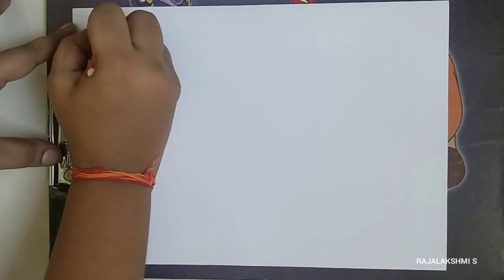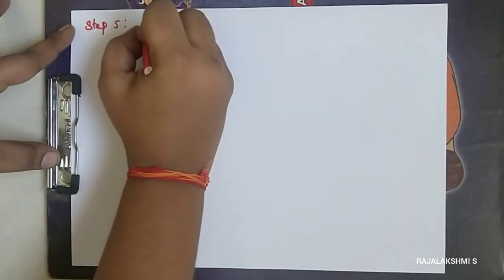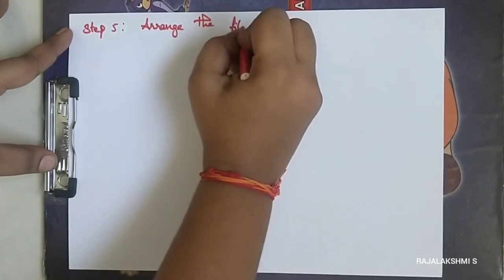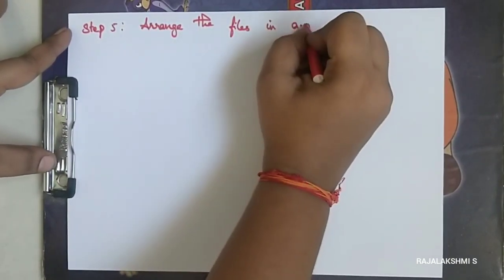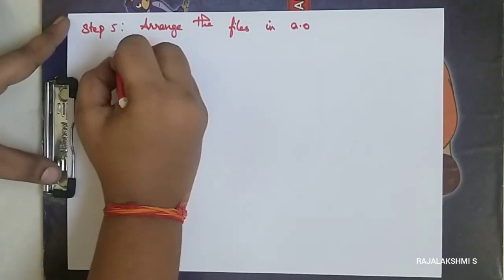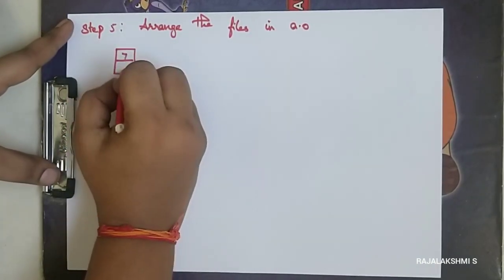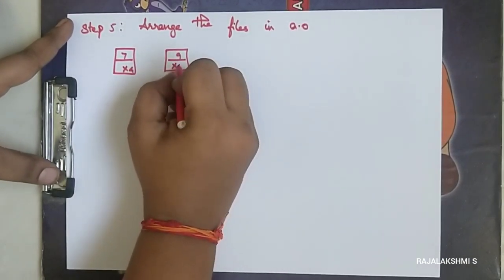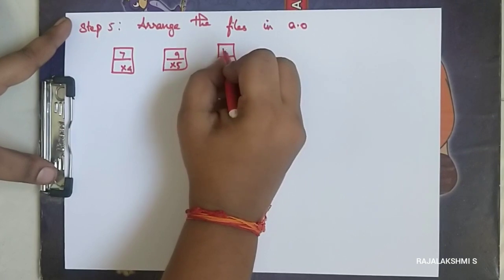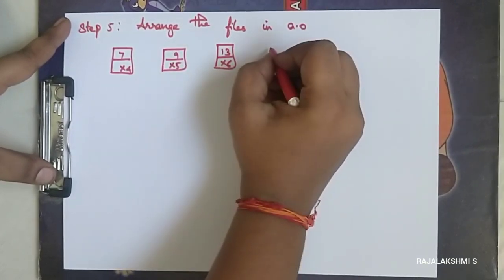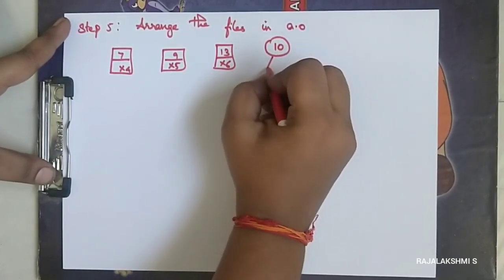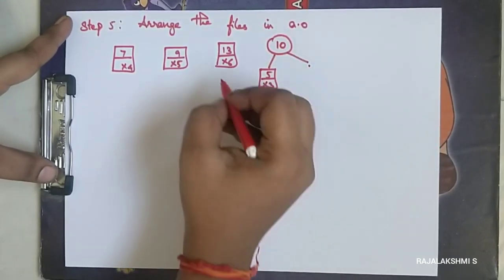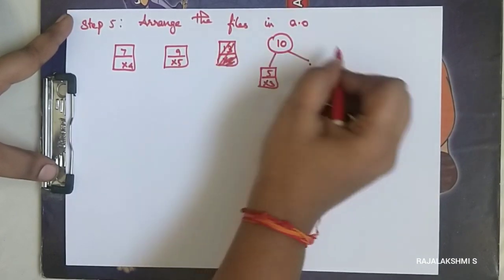So step 5, arrange the files in ascending order. So if we arrange the files in ascending order, we will be having 7x4, 9x5, 13x6, and then it is 10, 5x3, and here it is, this 13x6 has to come after this, right?